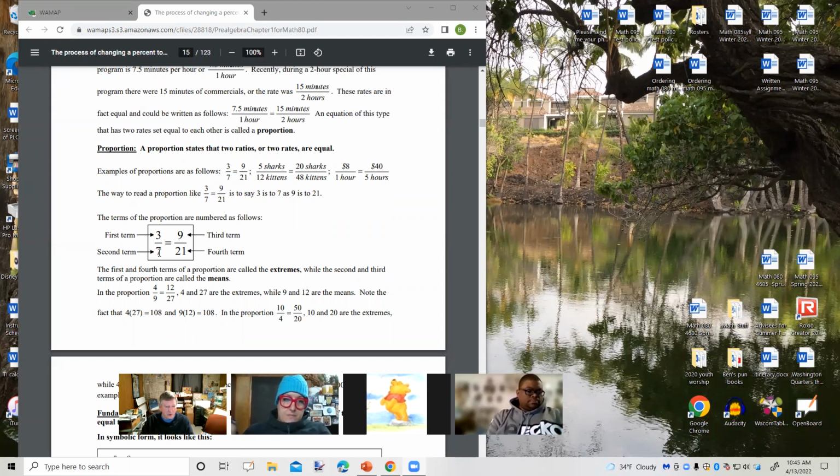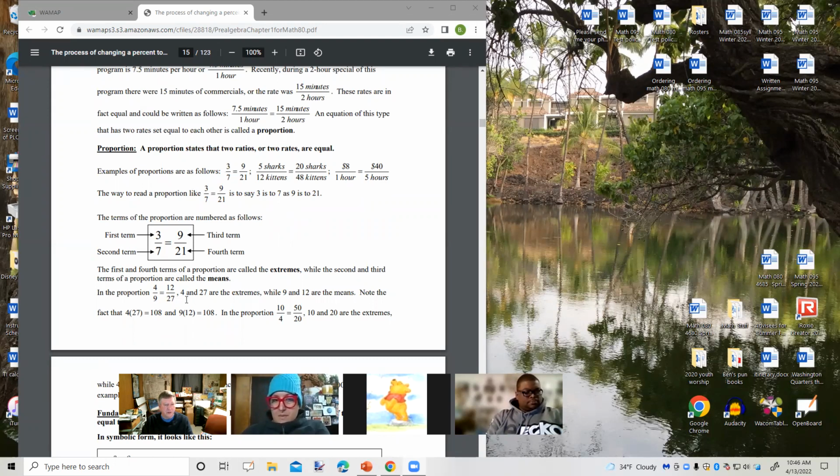The 2 middle terms are called the means. So in this proportion, 3 and 21 are the extremes, 7 and 9 are the means. In the proportion 4/9 equals 12/27, 4 and 27 are the extremes, 9 and 12 are the means.